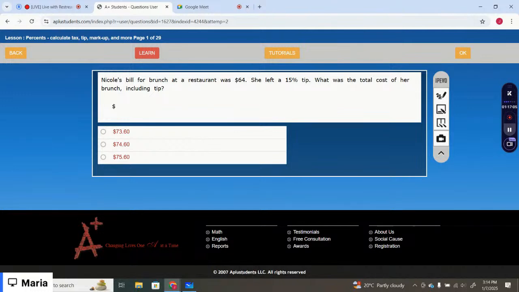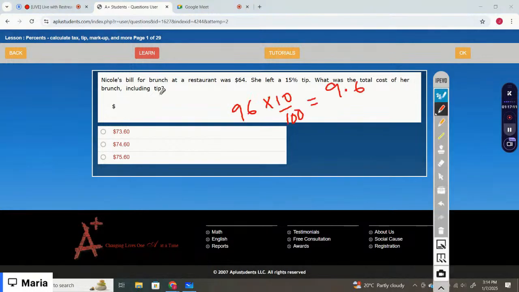She left a 15% tip. What was the total cost of her brunch, including tip? Okay, so the cost of brunch is $64 and the tip is 15% of 64. So just calculate 15% of 64, right?